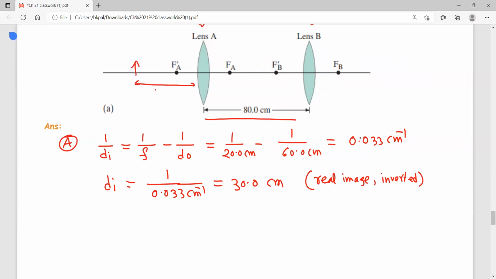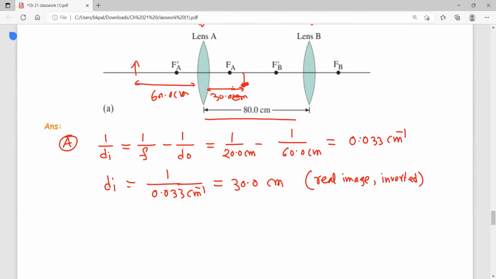This is 60 centimeter, and after refraction, the image is produced somewhere here, 30 centimeter away. Let's say this is the image. The image should be inverted because it is a real image, right?